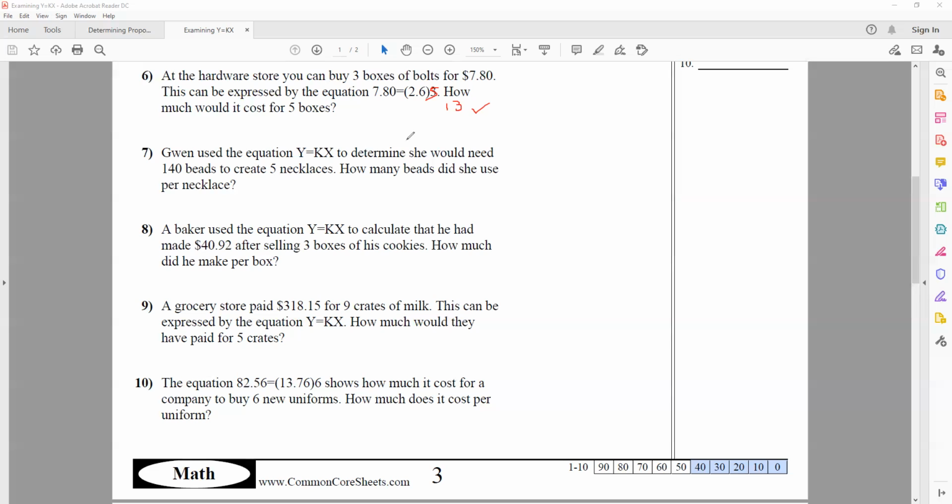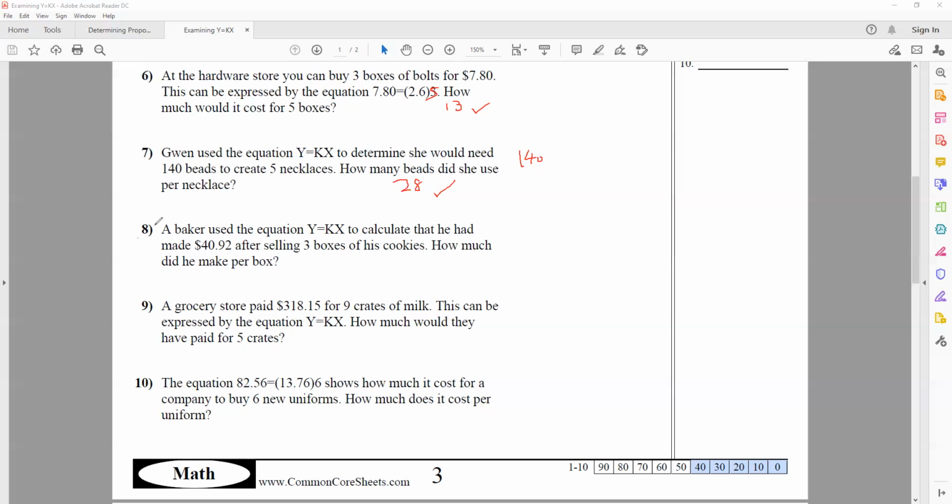Necklace. So for this one, I just did 140 divided by 5 and I got 28. Yeah, good. Number 8 is the same. You want to try that too?